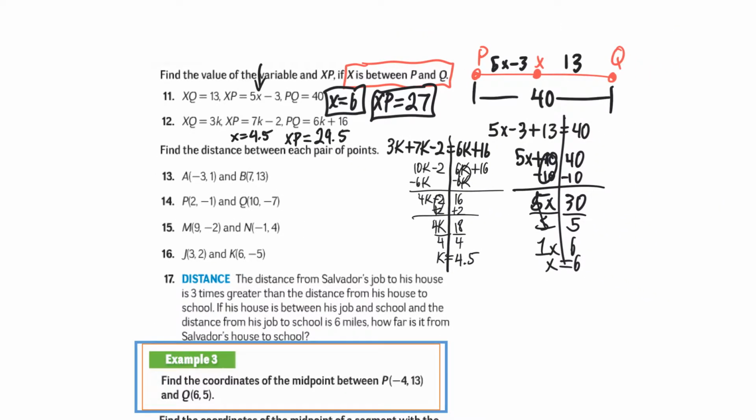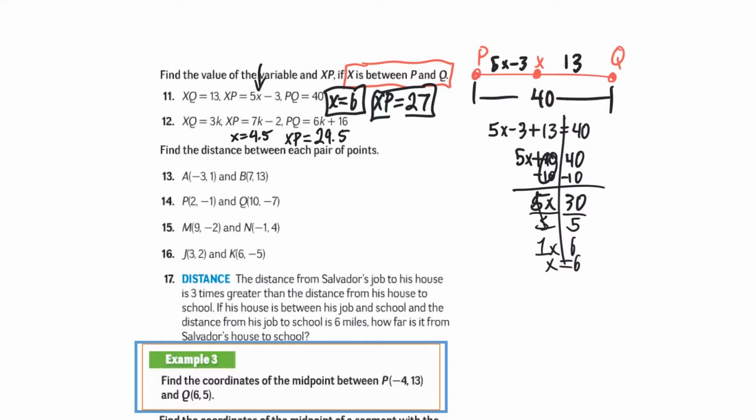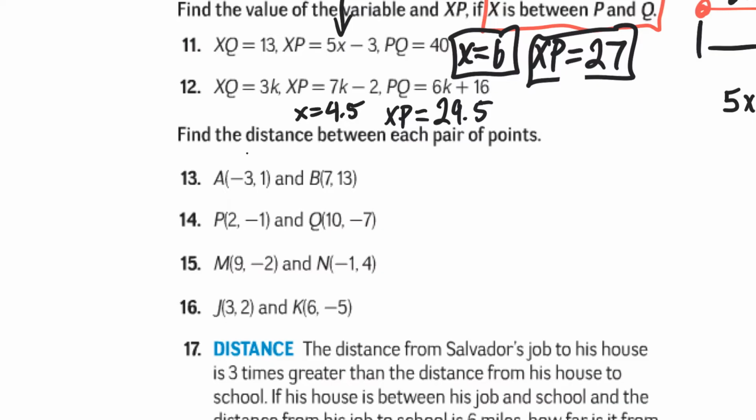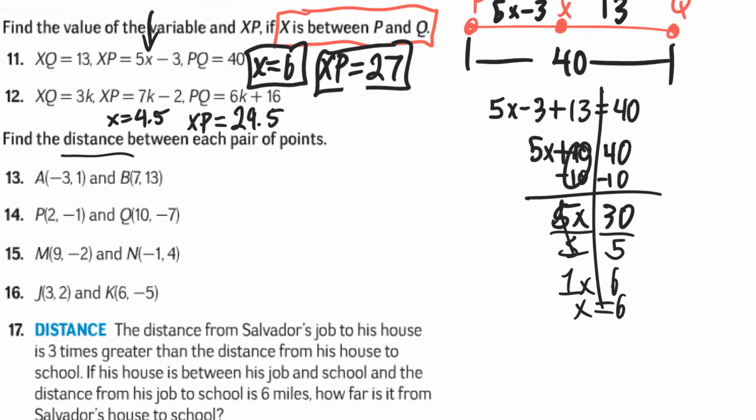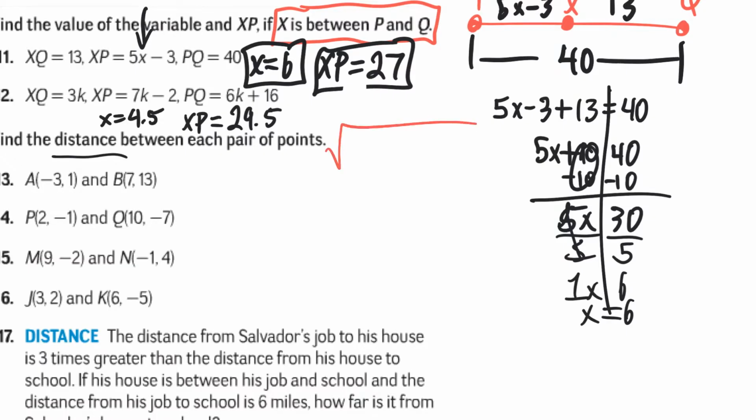Okay, so next, these are distance. Okay, so what is the distance formula? So it's like this, x2 minus x1 squared plus y2 minus y1 squared, and square root of that whole thing.